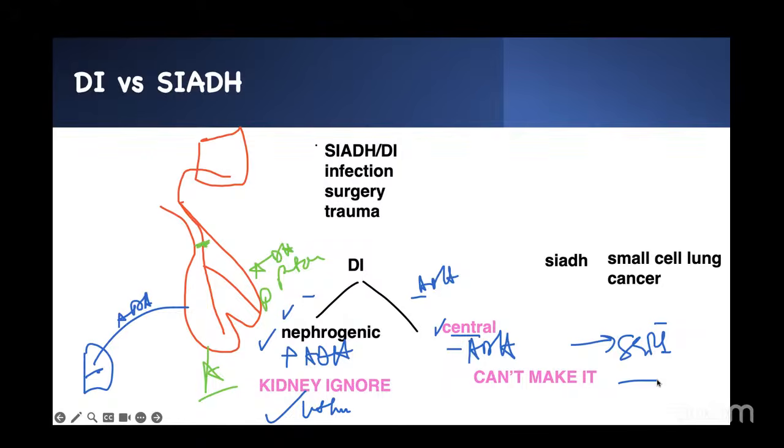This is how I can present it to you in the most simple and straightforward way. Very straightforward. And this is the difference. Make a table, compare them, know the key fact, and never forget these two, the difference between nephrogenic and central diabetes insipidus. When you see your question, use it to answer it.